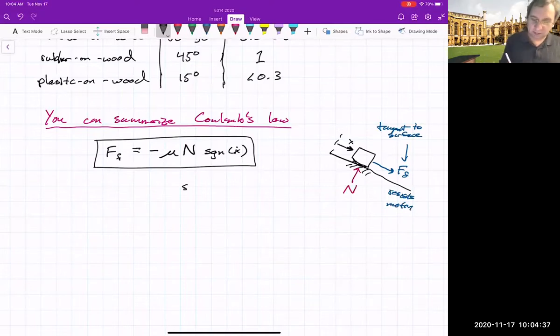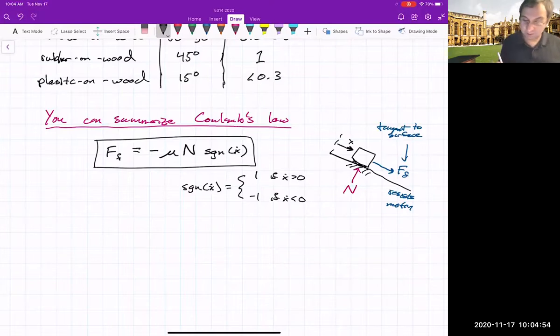and sign of x dot, hopefully this is obvious, it's 1 if x dot is positive. It's -1 if x dot is less than 0, so negative, and it's 0 if x dot is 0.